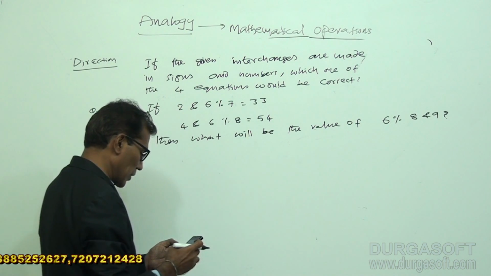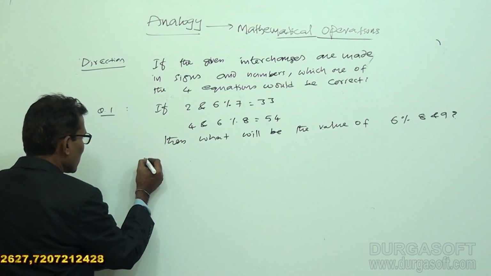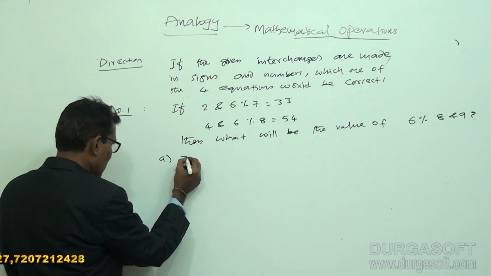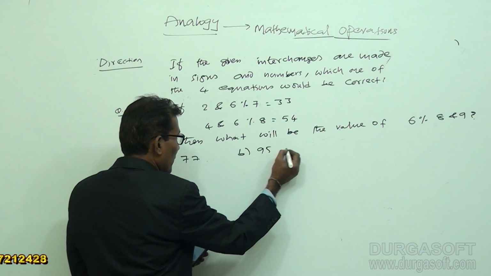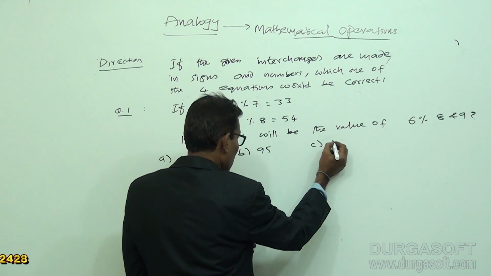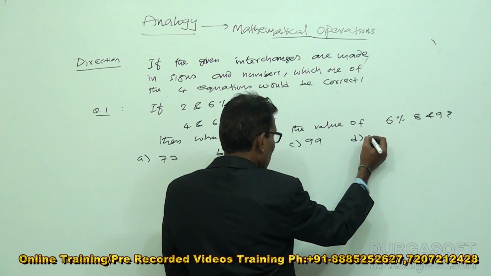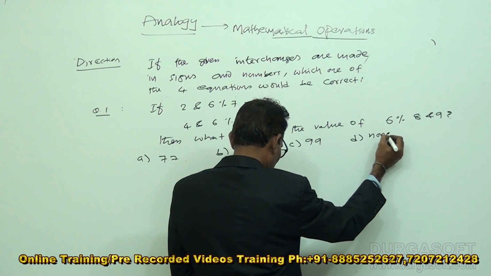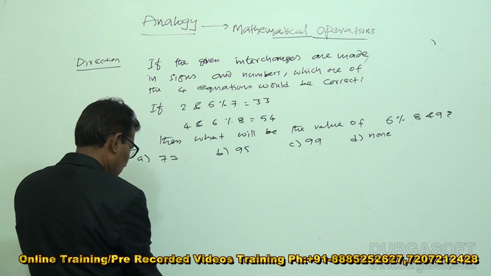What will be the value of that? Your options are option A 77, option B 95, option C 99, option D none. So this is our question.